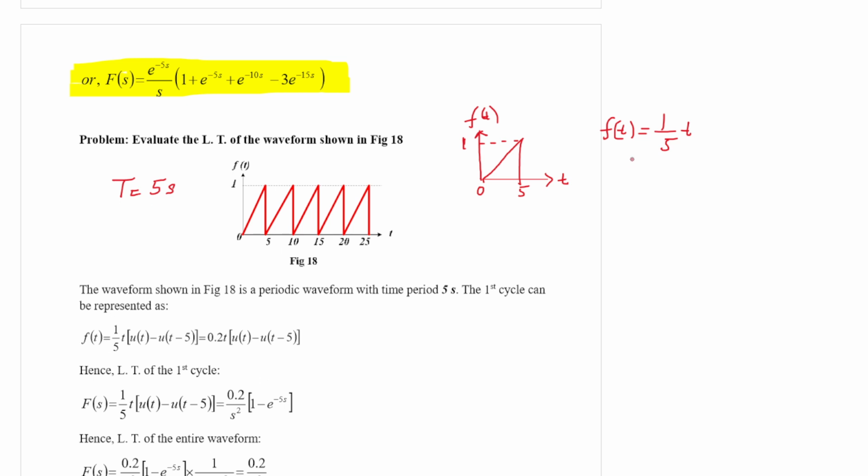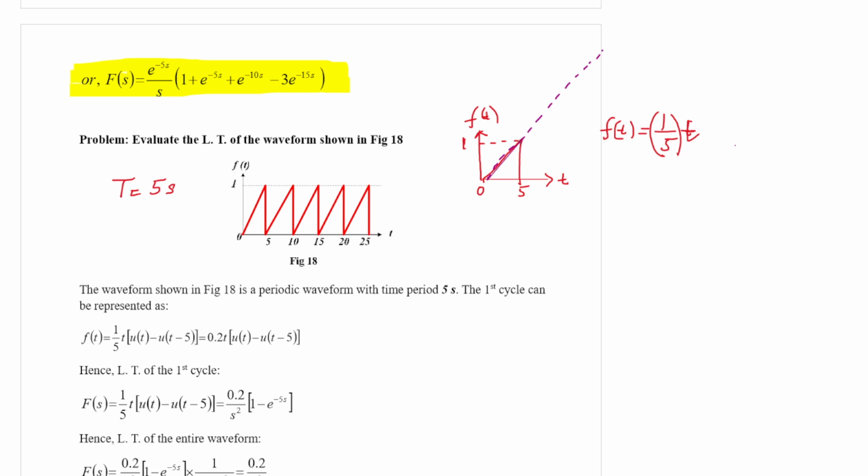Because this 1 by 5 is the slope, that is change of y by change of x, and t because it is a ramp function. Now if you want to plot the function f(t) = 1 by 5 into t, it will go like this forever, but it is not like this, it is actually like this.